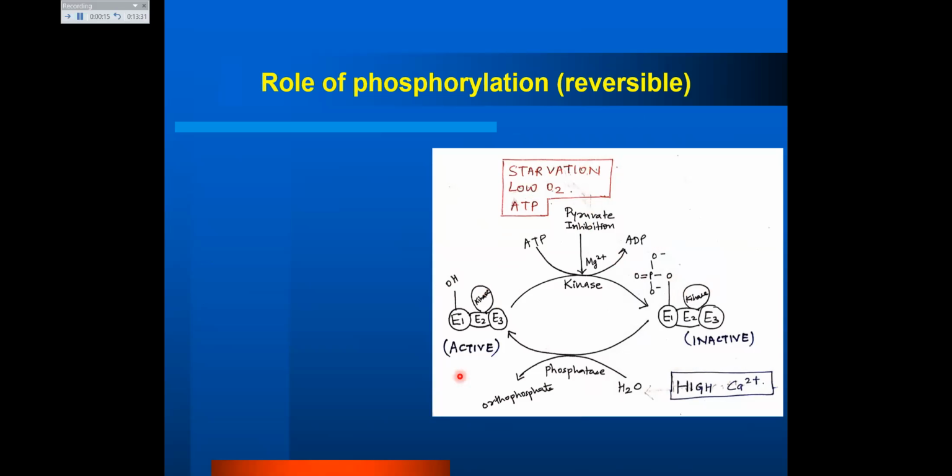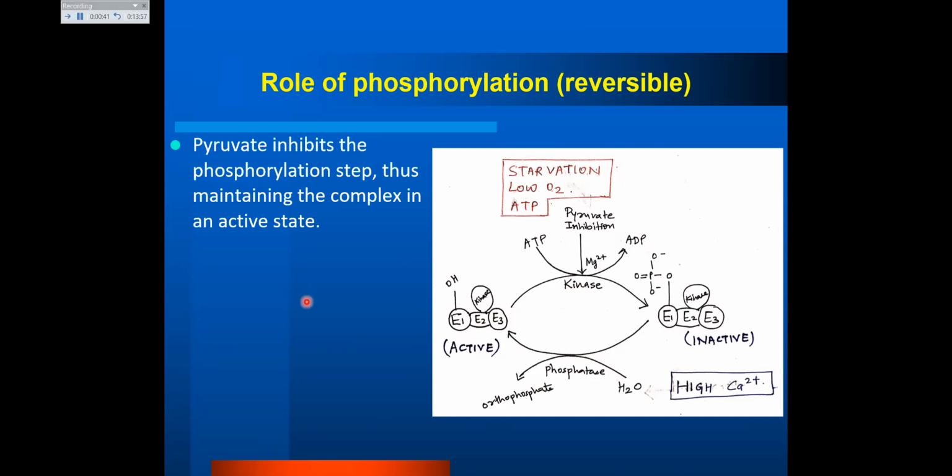So this is the active form of the PDC complex where E2 has the ability to phosphorylate E1. Generally when pyruvate levels are high, this phosphorylation is inhibited, which maintains the complex in the active state, because when E1 is phosphorylated the complex becomes inactive.